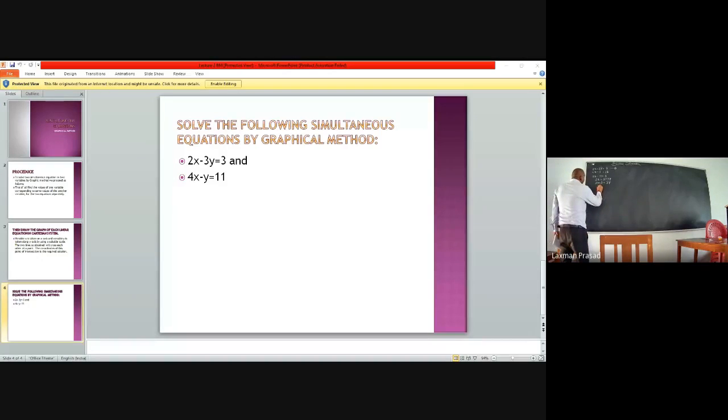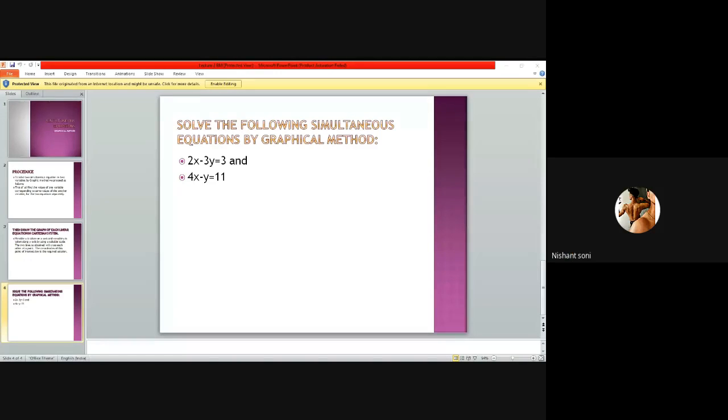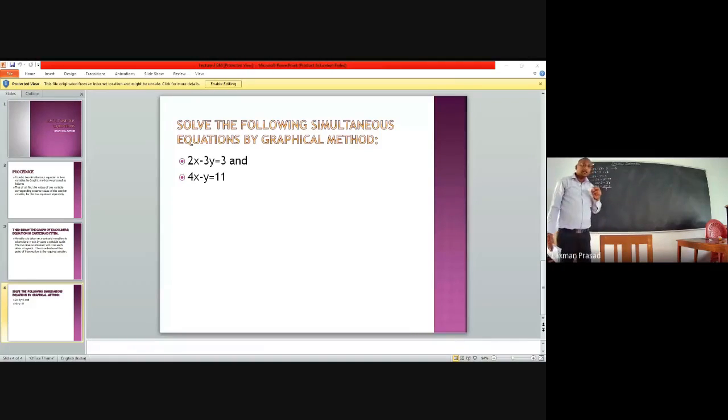Then y equals 2x minus 3 divided by 3. ये इसके नीचे आ जाएगा, ठीक है? So here we solved the first equation and the value of y is y equals 2x minus 3 divided by 3. Fine?